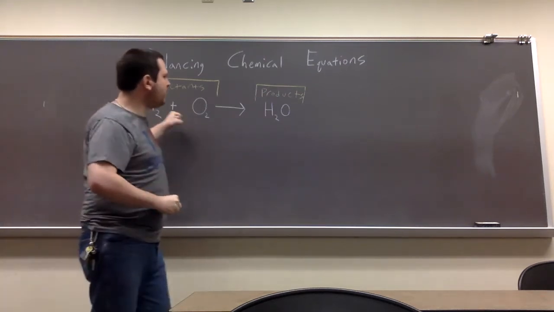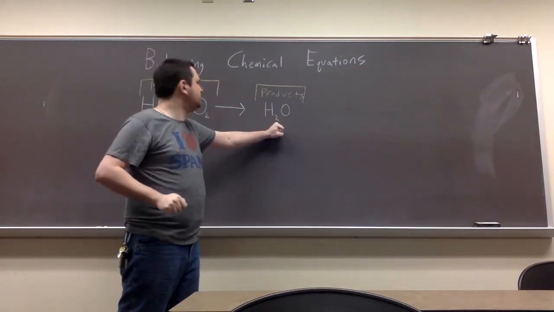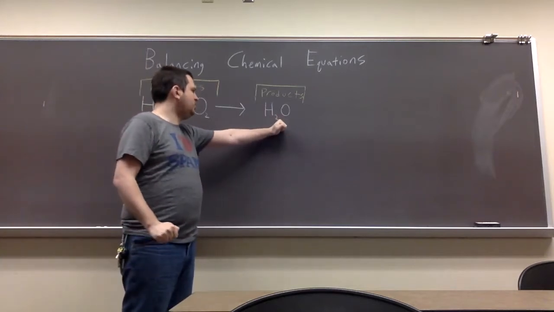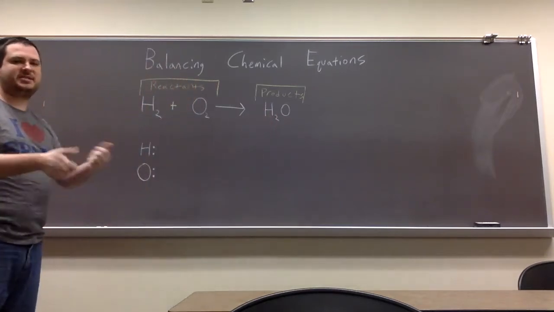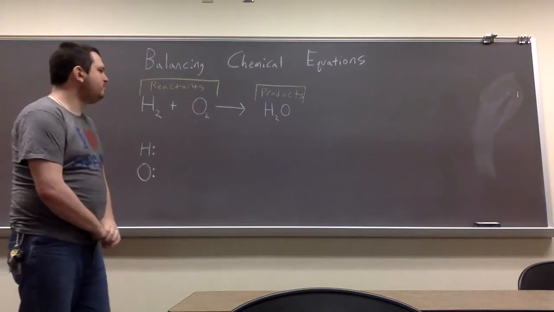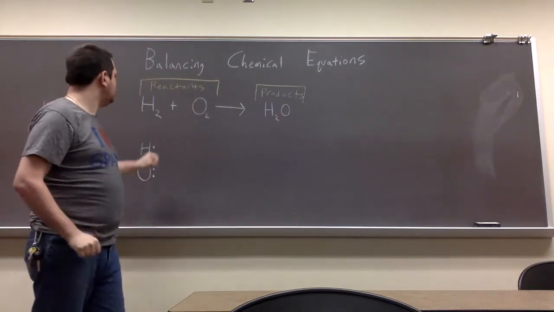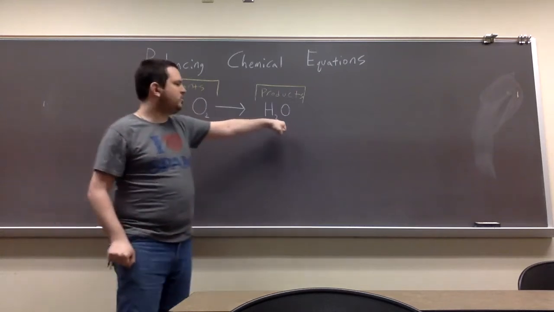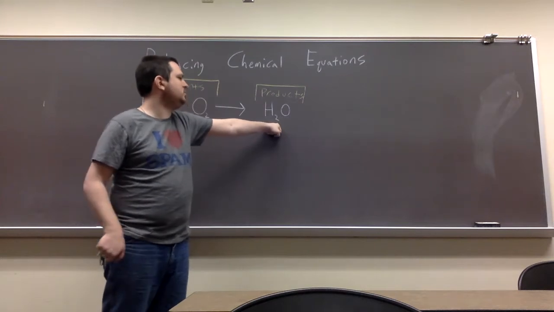When we go to the products, you should have the exact same elements from the reactants to the products. We did an experiment a couple weeks ago where we blew up gas into a balloon and then measured the mass of it, and it came out really close, which shows whatever's on this side should also exist on this side in equal numbers.